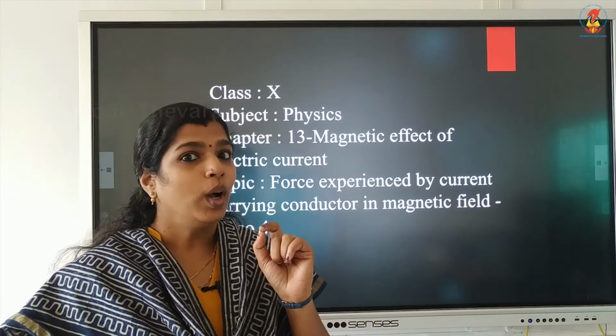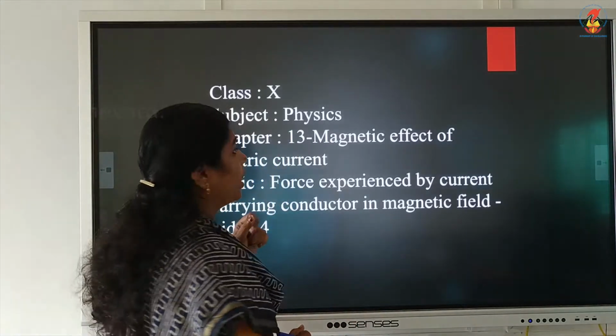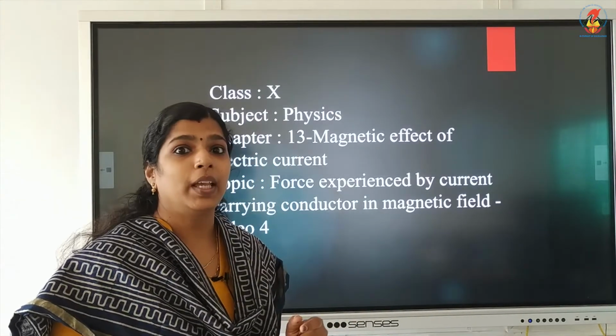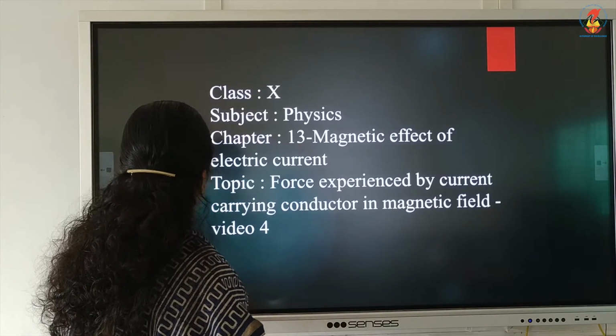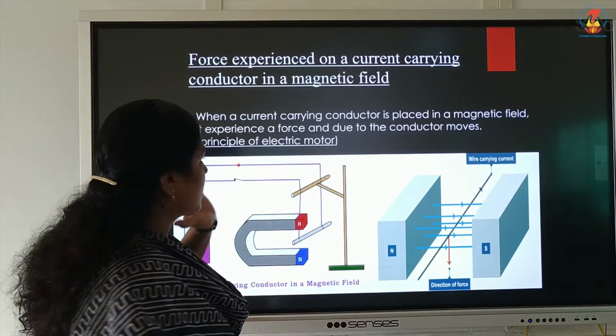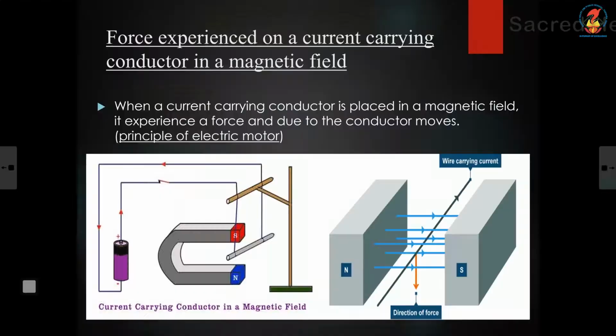So, what is the reason for that force experienced by a current carrying conductor in a magnetic field? Here this is an activity. We need to consider a horseshoe magnet, then an aluminum rod.